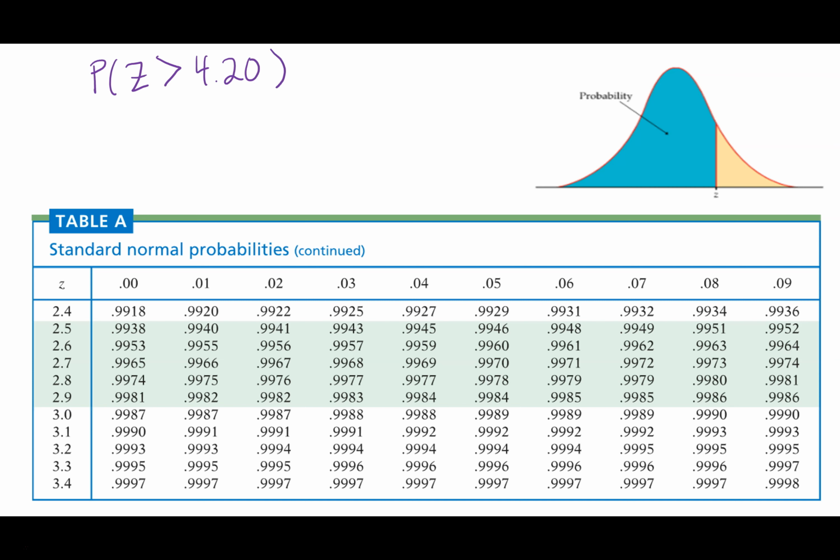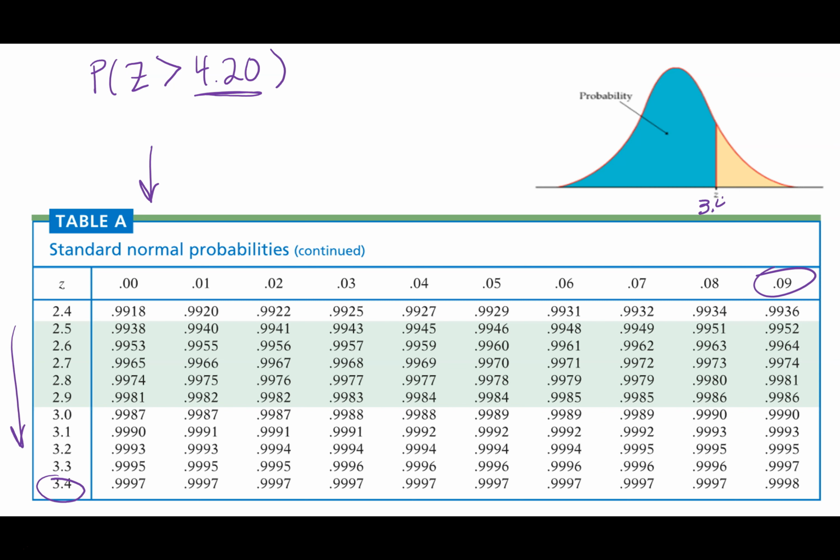Looking here, first off, I included the bottom of the table. You might notice I don't see a 4.2 anywhere in here. In fact, the highest this particular table gets is 3.49.